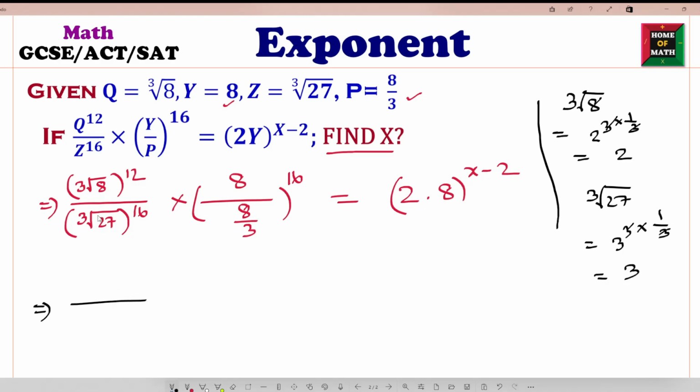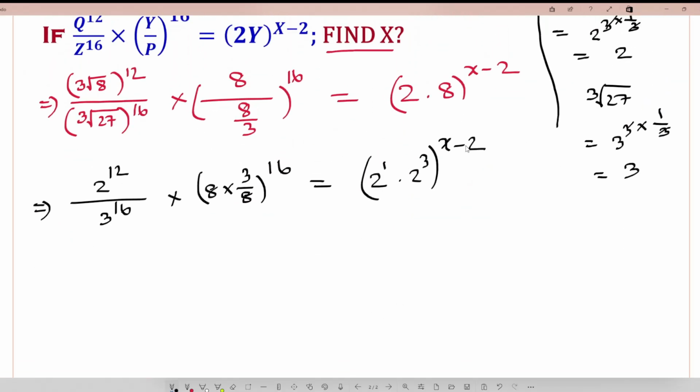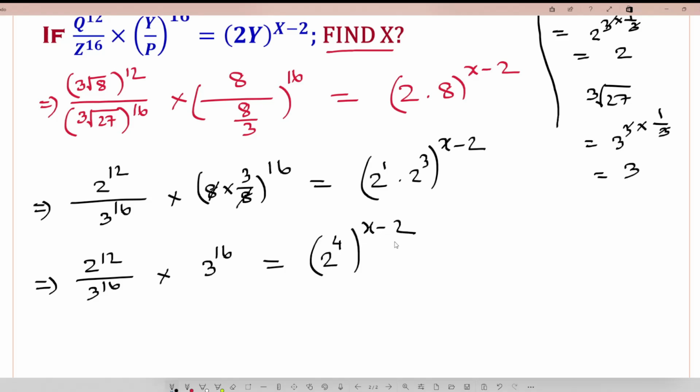So we can write here 2 to the power 12 divided by 3 to the power 16 times 8 divided by 8 to the power 16 equals 2 to the power 1 times 2 cubed to the power x minus 2. Now look, here 8 and 8 cancel out, and 3 to the power 16 equals 2 to the power 1 times 2 to the power 3, which means 2 to the power 4 to the power x minus 2.